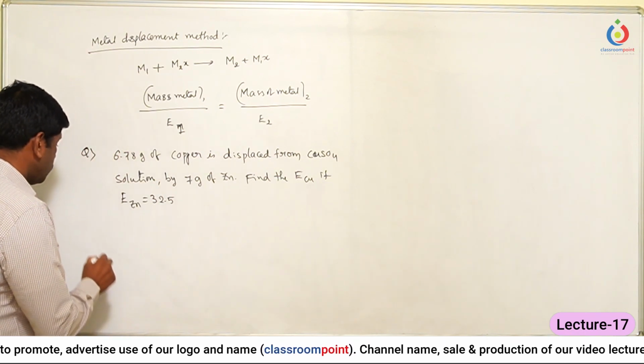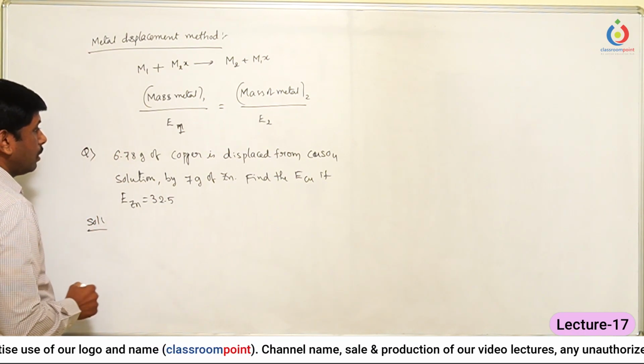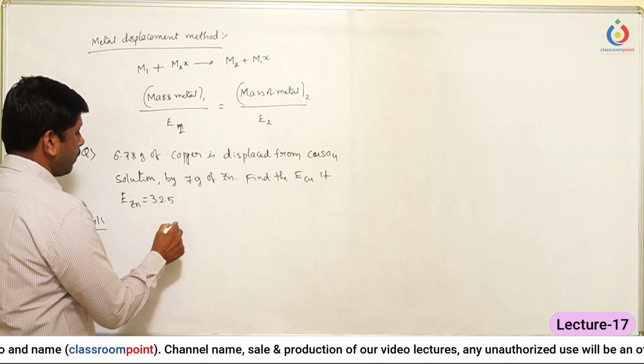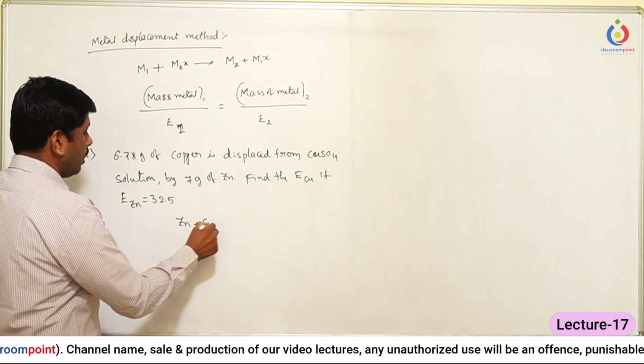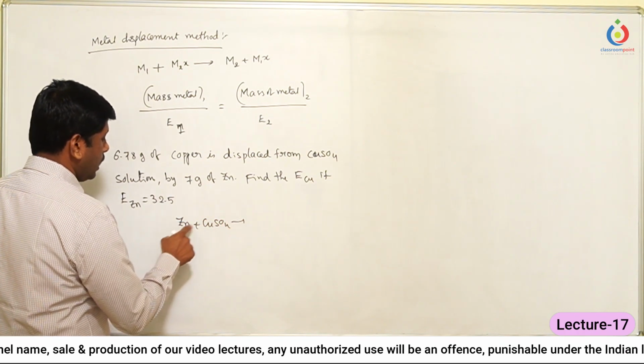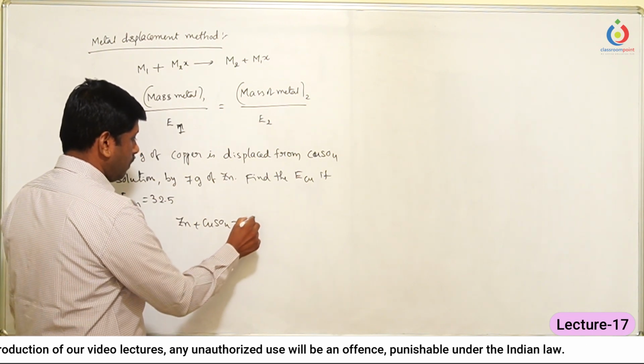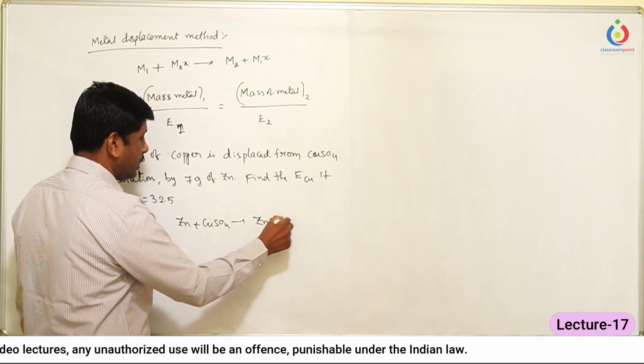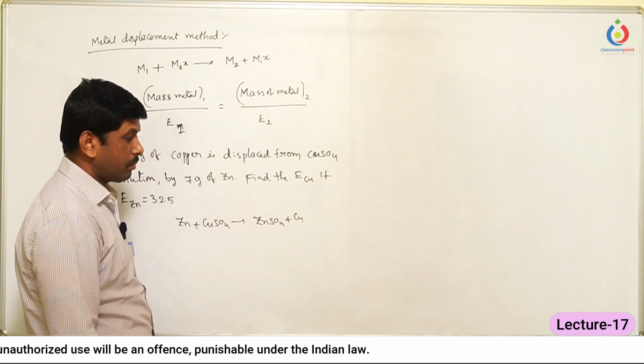So very simple solution. Basically zinc reacts with the copper sulfate. It replaces the copper from the copper sulfate and occupies its position to form zinc sulfate, and the copper is deposited.